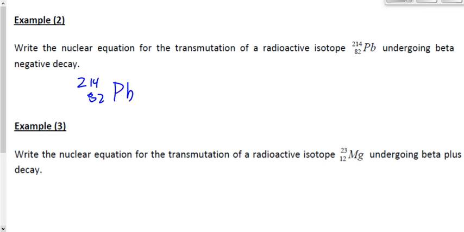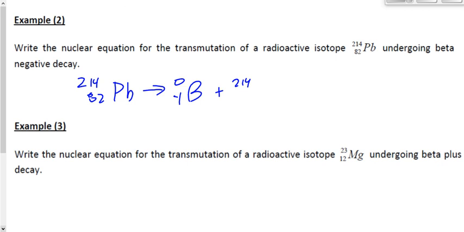By the way, if they ever just say beta decay, they don't say beta negative or beta positive, just assume beta negative. So it goes beta negative decay. We're going to say it produces a negative beta particle, so it's got to be on the right-hand side versus the left. 214, 0 plus 214 gives me 214. Minus 1 plus. This is probably one of the most common mistakes made this unit.